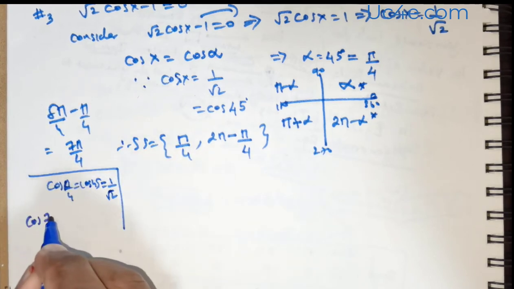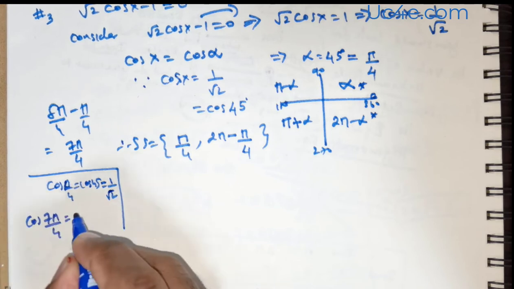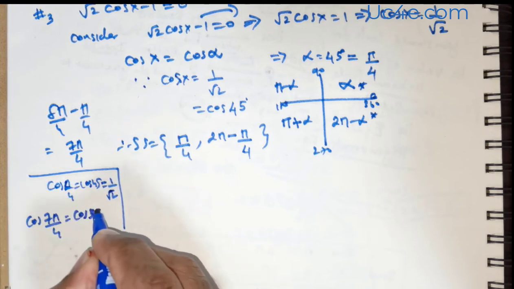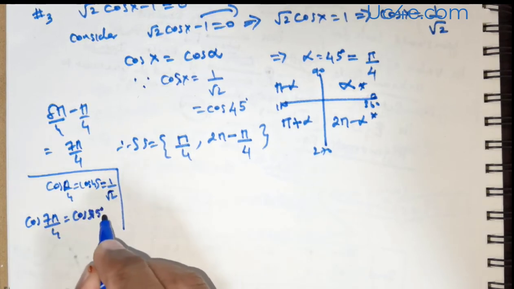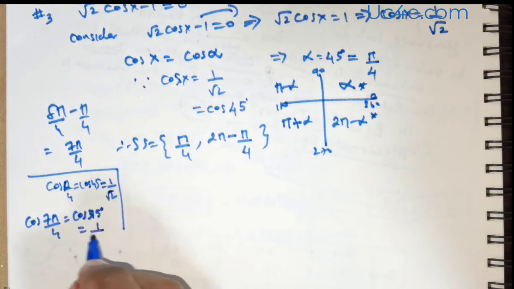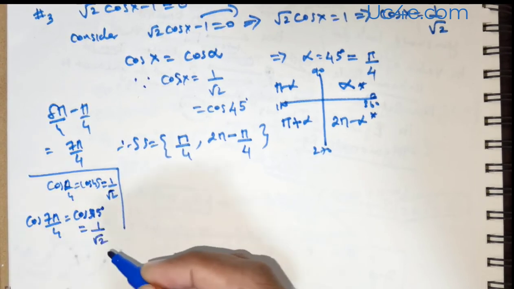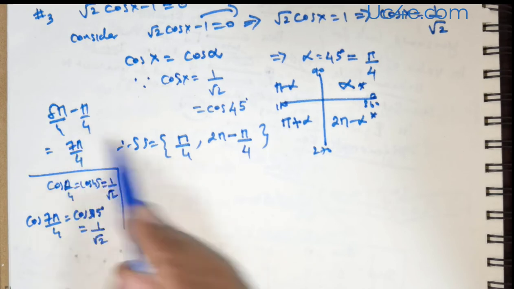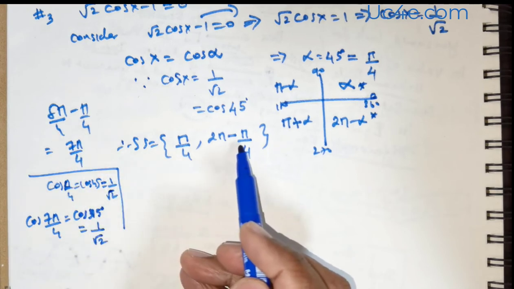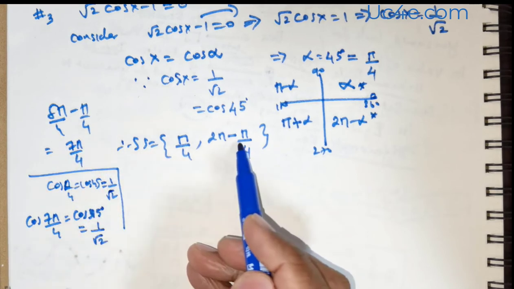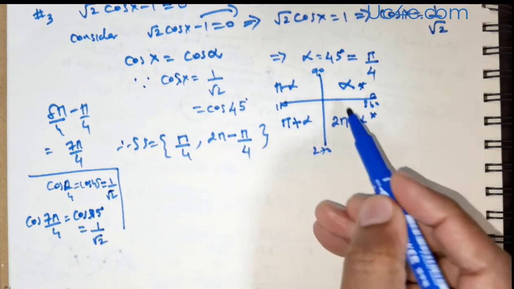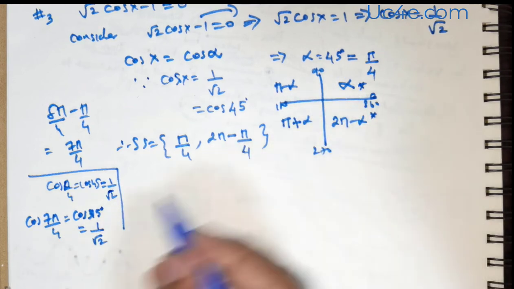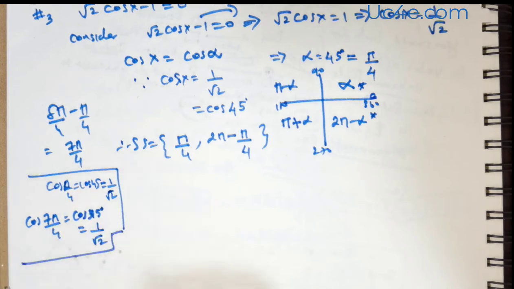Now cos 7 pi over 4 is nothing but cos of 315 degrees. This is also equal to 1 over root 2 because of the understanding that we have of the quadrant. So that's exactly what I wish to draw your attention to.